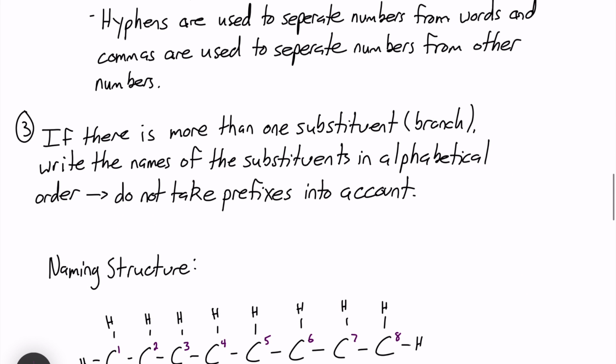And finally, if there is more than one substituent or branch, write the names of the substituents in alphabetical order and do not take prefixes into account. So let's make a little bit of sense of this.